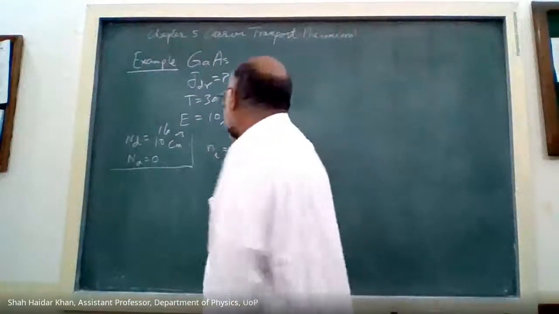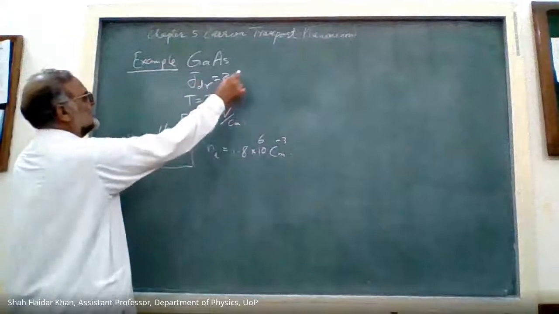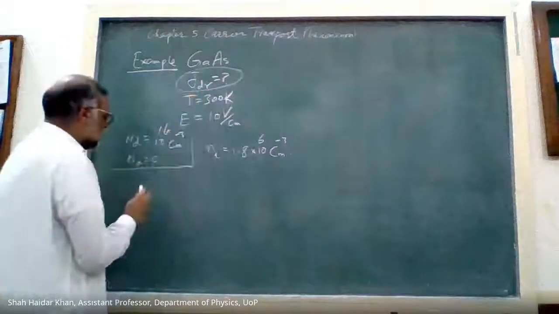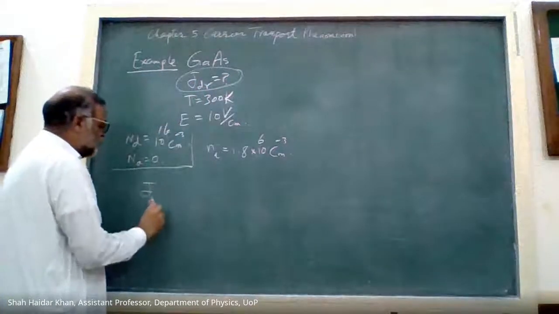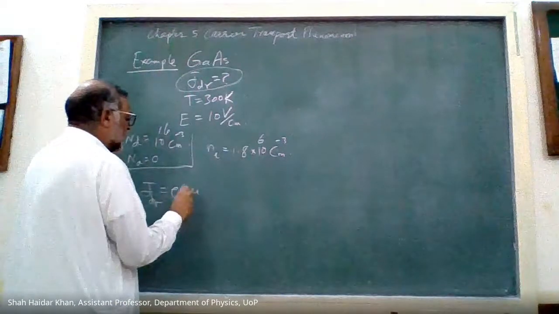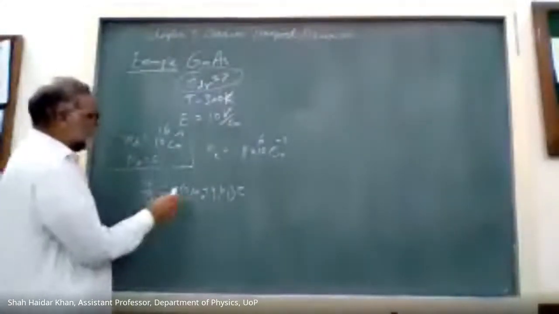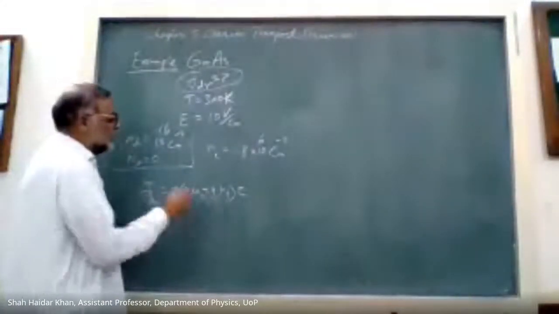So let us recall the formula. We are going to find this thing, right? So J drift was equal to q N mu N plus q mu P P, multiplied by E. Now we have to find out this thing, right?